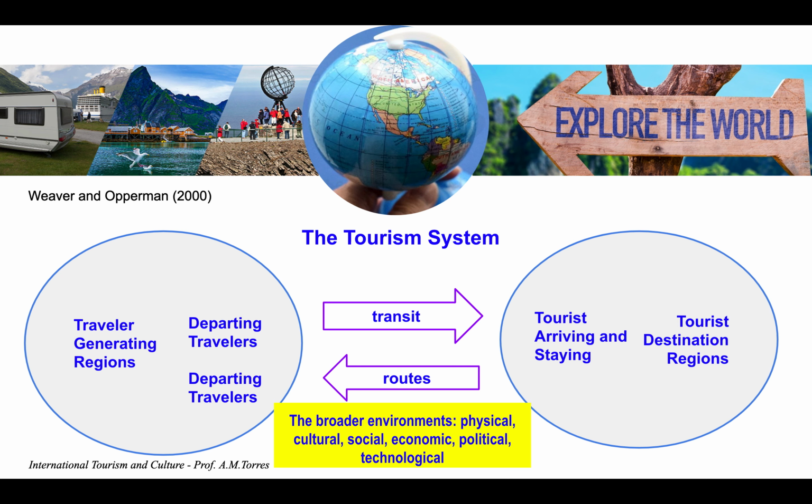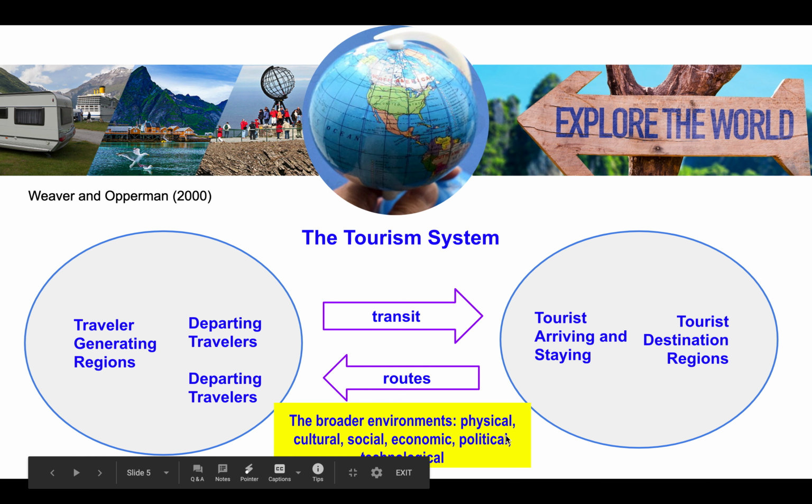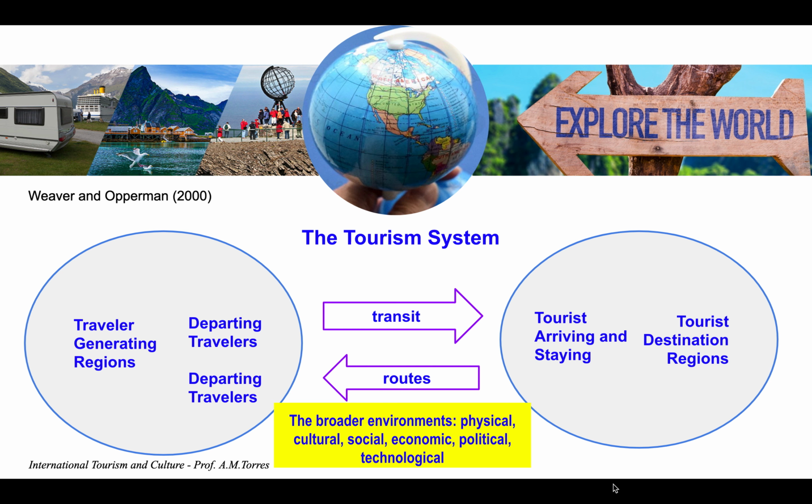It does exist, it does interact, it does depend on the other group of people or forces. But of course, there are other things that affect the movement or the system. As I have mentioned, environments like physical, cultural, social, political, and technological.